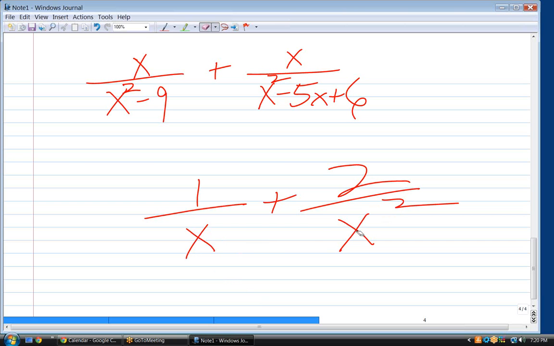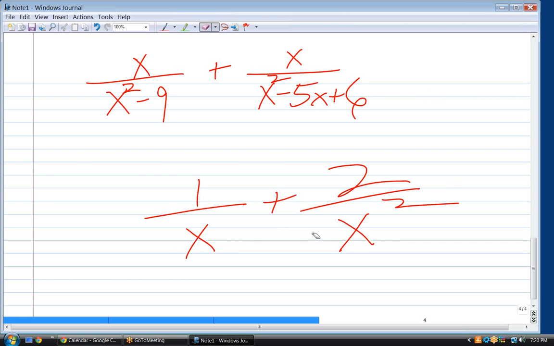My point is that we're not always going to just multiply these together and say that the common denominator would be x cubed. We don't always have to do it that inefficiently. In other words, I can tell that x squared is a common denominator.